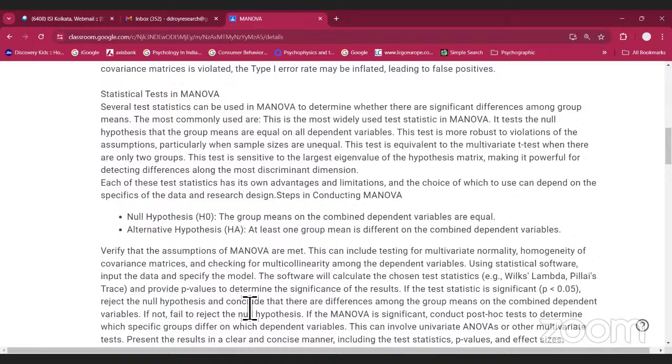We depend upon Wilks' lambda or Pillai's trace. Now, if the Wilks' lambda value is less, that is close to 0, that means the differences among the groups are very high, particularly for that list of dependent variables. But it is not so in the case of Pillai's trace.